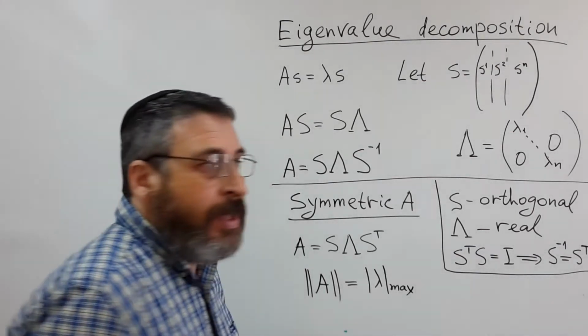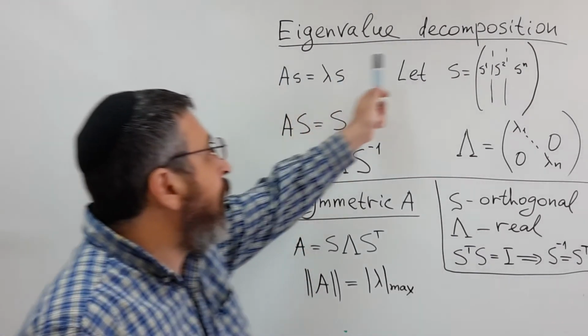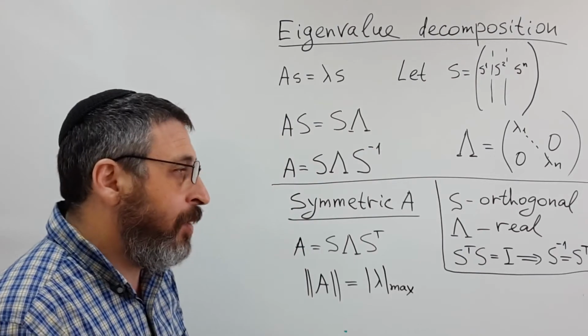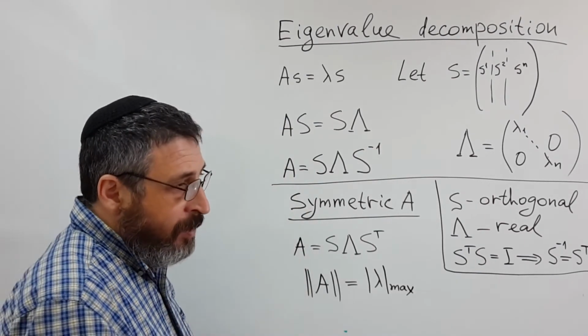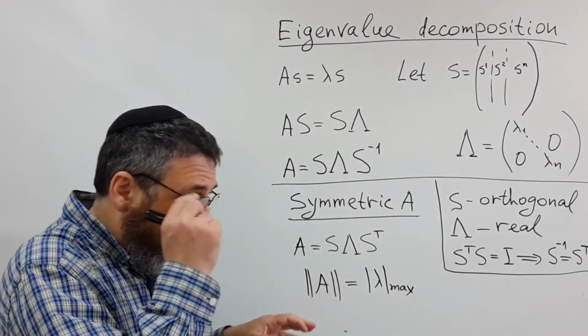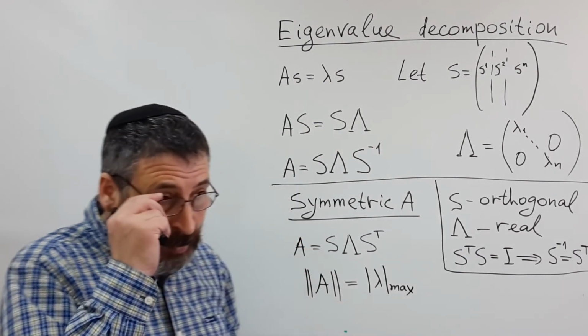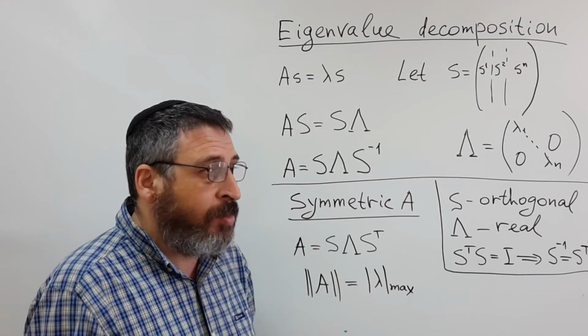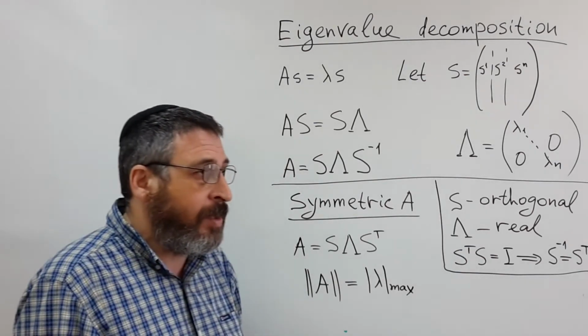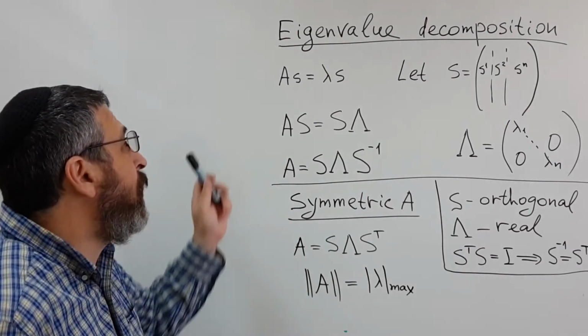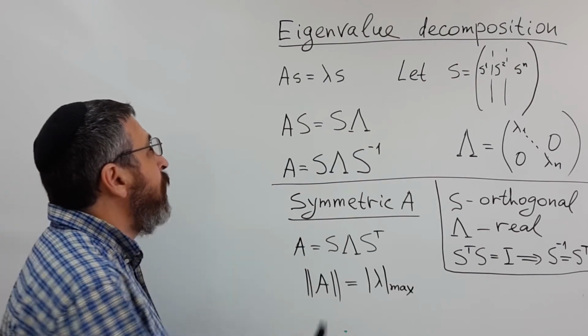Another important case is given by the eigenvalue decomposition of a matrix. When the matrix is symmetric, we can compute its norm as the maximal absolute value of its eigenvalues, very similar to the singular value decomposition case. Let me remind you what eigenvalue decomposition is.